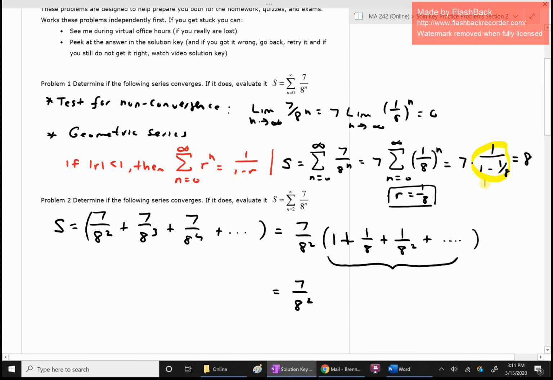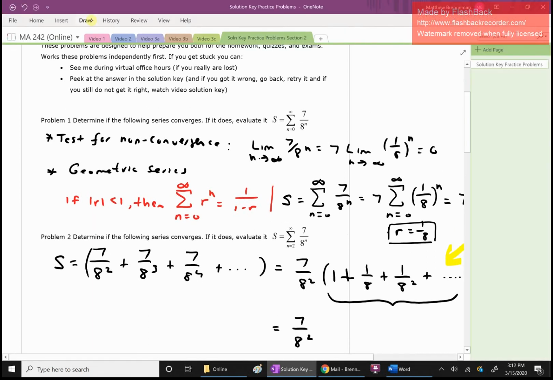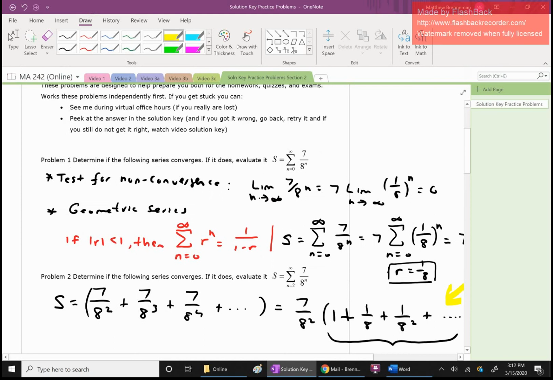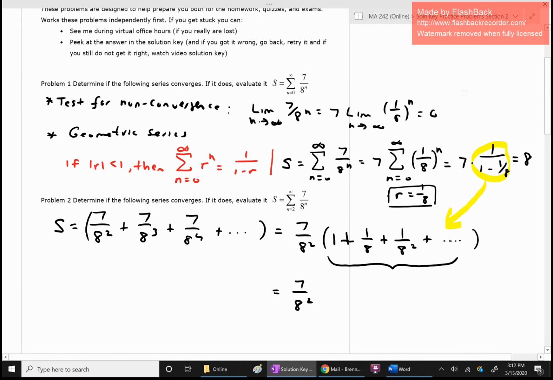So this is the same as this, and it will give me 8/7. And when all the mathematical smoke clears, we get 1 over 8.